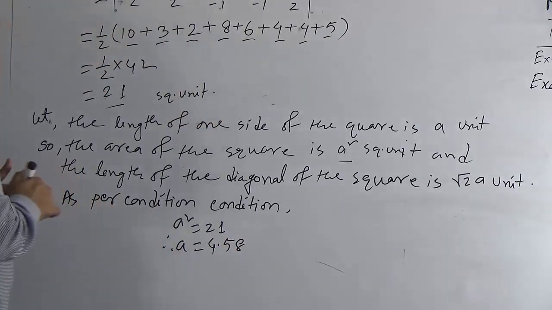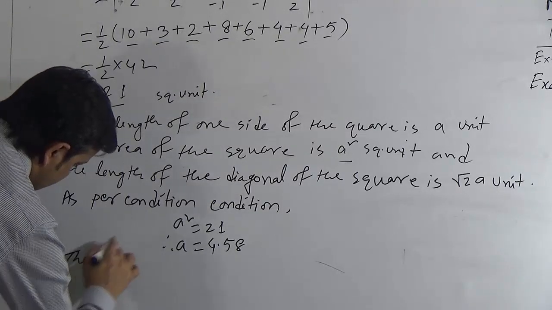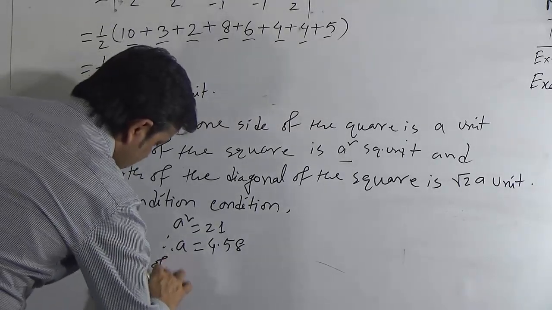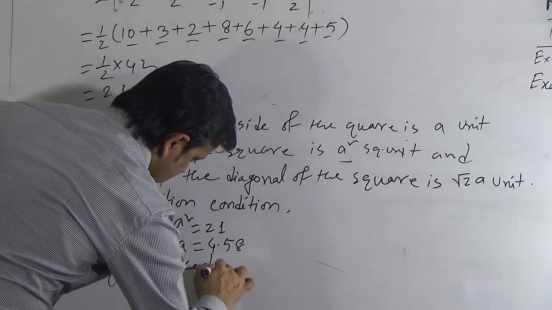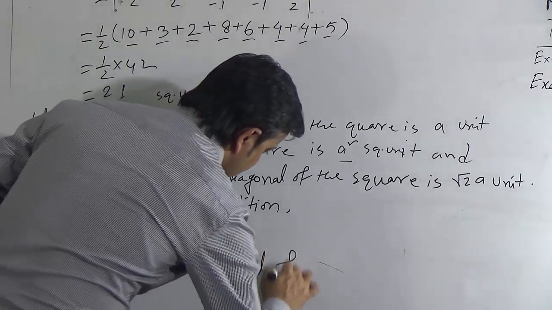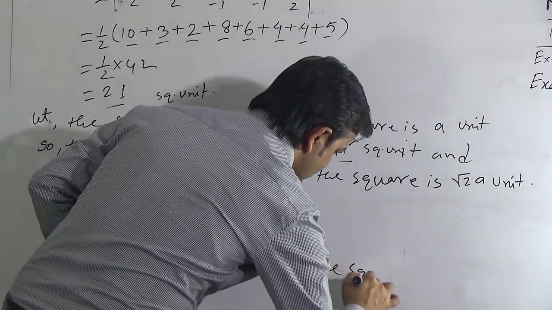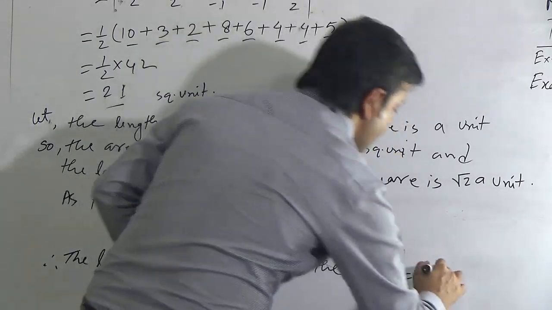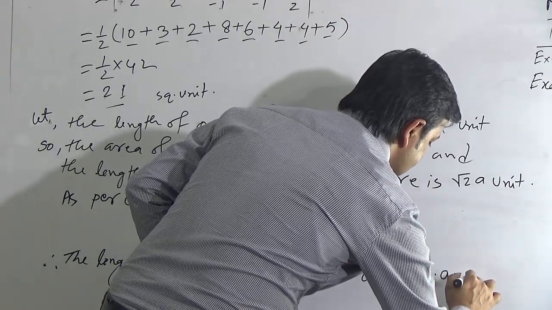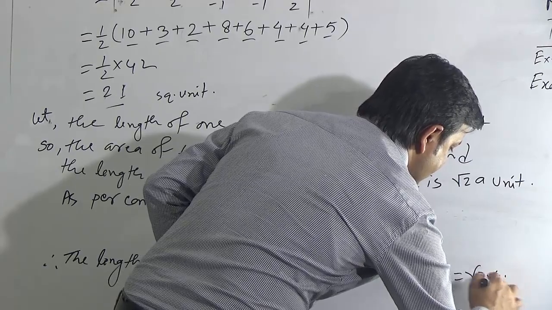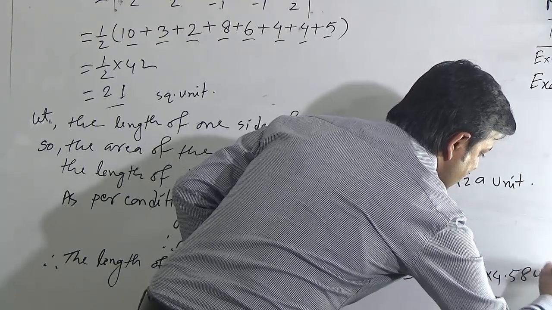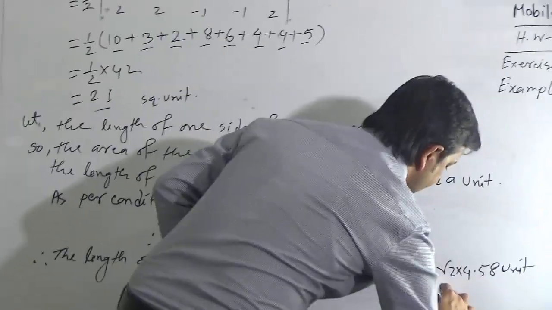So dear students, we can say therefore the length of the diagonal of the square is equal to square root 2 into a, that is square root 2 into 4.58.